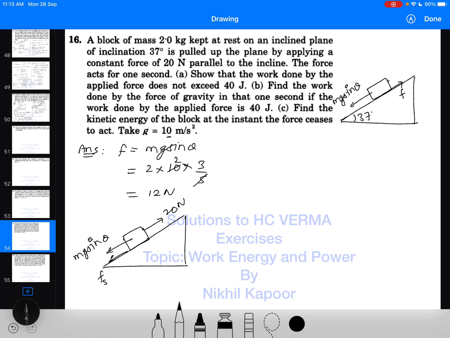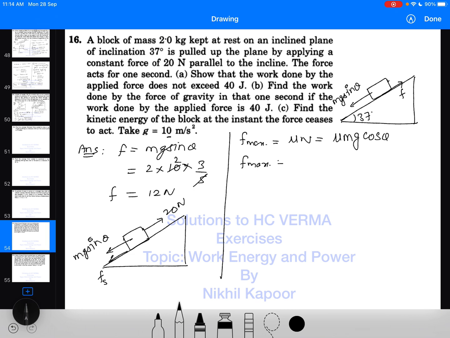Okay, so in that case we should see here, as the force is acted for this much second, show that the work done by the applied force does not exceed 40 joule. Okay, so here let us say this is the frictional force, and the maximum value of frictional force is nothing but mu into N, which for an inclined plane is mu mg cos theta.